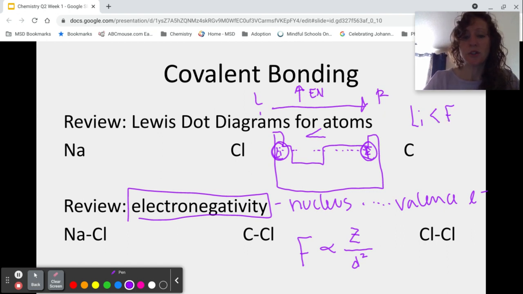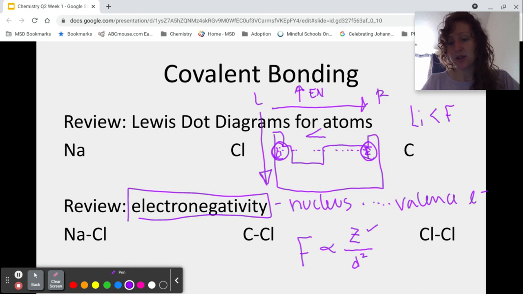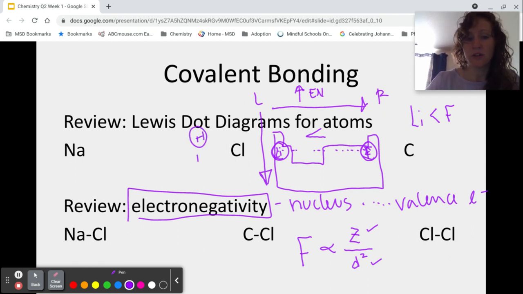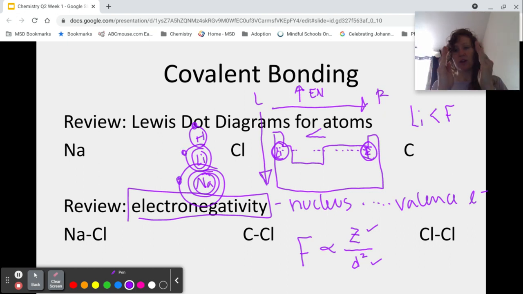When we go top to bottom in a periodic table, the nuclear charge is increasing, but the distance is also increasing. Like hydrogen has 1 energy level, lithium has 2 energy levels, sodium has 3 energy levels. And so the valence electron that's in that outermost ring is going to be farther and farther away from the nucleus as we go down that family.